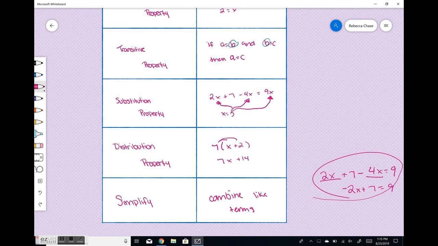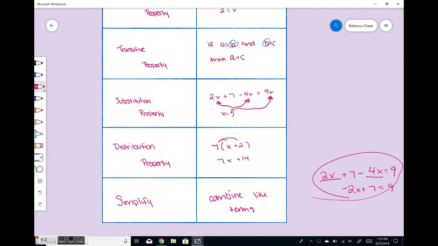Okay, that's probably the biggest one that kids messed up last year, because in our heads, combining like terms is such a simple task that we don't have to say why we did it. We just do it. Well, when you're doing proofs, you have to say why you know you can do absolutely everything.